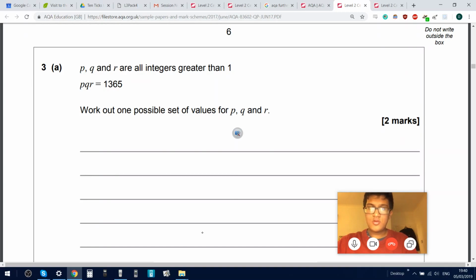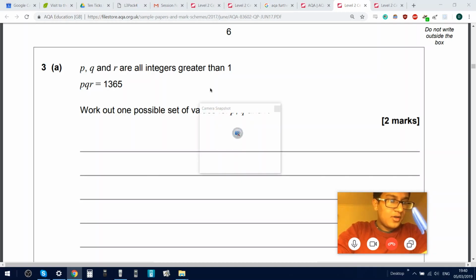Okay. That's 1365. One possible set of values for P, Q, and R. Well, one of them has to be 5, I think. So then you've got 1365 divided by 5.